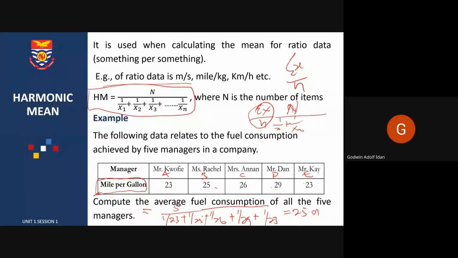So when you have the calculator, just enter 1 over 23 plus 1 over 25 plus 1 over 26 plus 1 over 29 plus 1 over 23. It will simplify it for you. And then the answer you get, you do 5 divided by the answer.